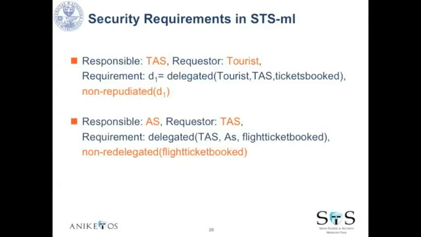So in our form of requirements, the security requirements we can derive from this is that TAS is responsible for bringing about the requirement that was requested by the tourist, that if the delegation from the tourist to TAS of tickets booked occurred, then TAS will not repudiate this delegation. On the other hand, for the no delegation from TAS to Amadeus service, the responsible actor to satisfy this requirement is the Amadeus service.